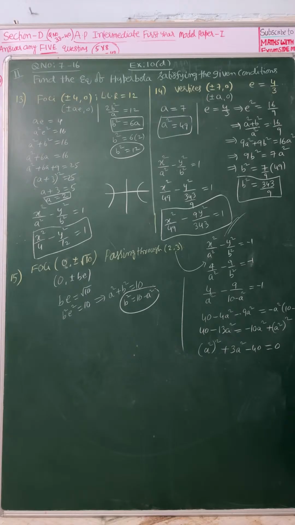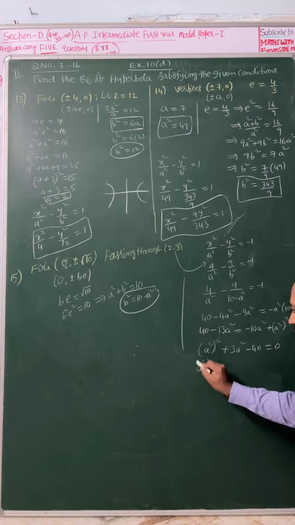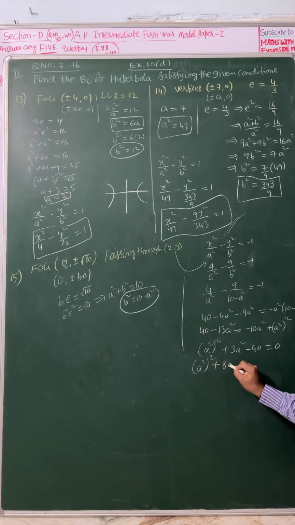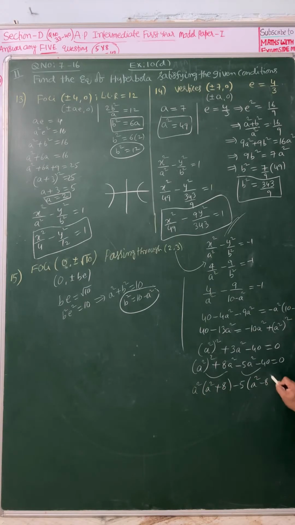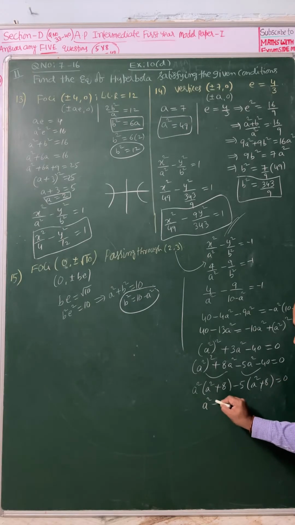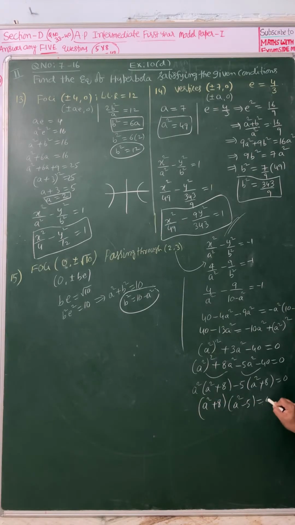Is it possible to factorize? 40 is 8 times 5. So (a²)² + 8a² − 5a² − 40 = 0. So a²(a² + 8) − 5(a² + 8) = 0.